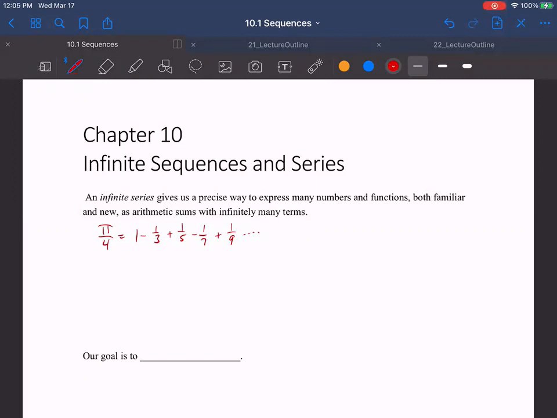We don't always have to just have a constant that it equals to. We can actually express certain functions, which I believe I made mention of before, as an infinite series.